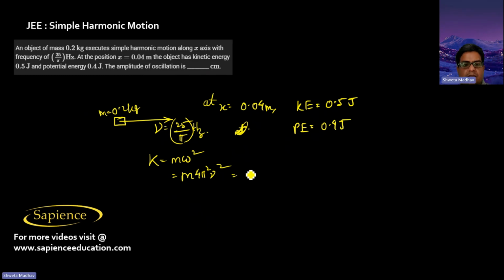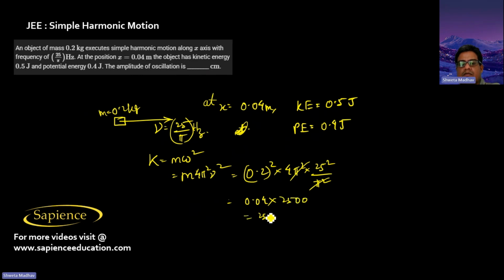So this will be 0.2 whole square into 4 into pi square into 25 square by pi square. 0.2 whole square is 0.04, into 4 into 25 that is 100, and 100 into 25 is 2500. So the value of this spring constant k is equal to 100 Newton per meter.